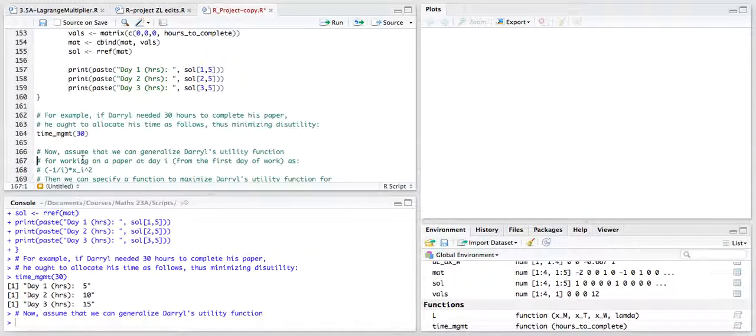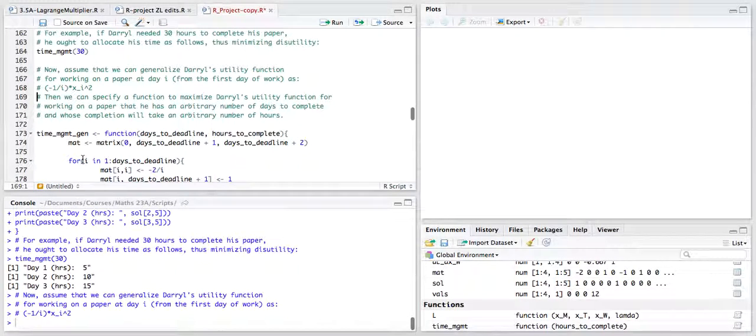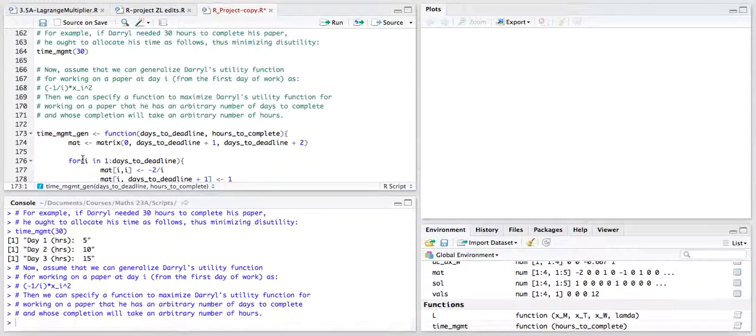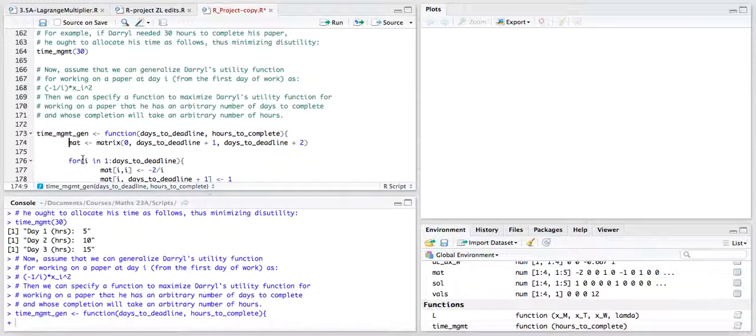So now let's assume that we can generalize Daryl's utility function for working on his paper at day i from the first day of work as follows. That means that we could also make a more general function to let Daryl, using the Lagrange multiplier method, minimize his disutility for any number of days that he has to work on his paper and any number of hours that he needs to complete the paper.